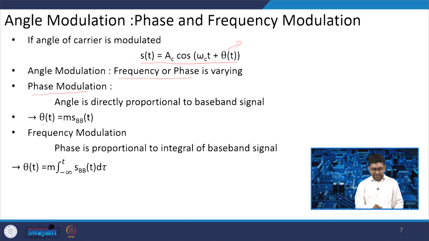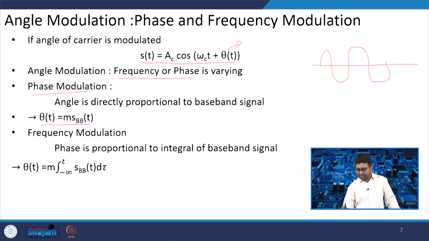So, we can say that theta(t) is nothing but m s_BB(t). This theta(t) is directly replaced with m s_BB(t), and if you look at that signal, it will have different kinds of phases at different places. Only the zero crossings will change. You will observe the change in the zero crossings in the time domain.